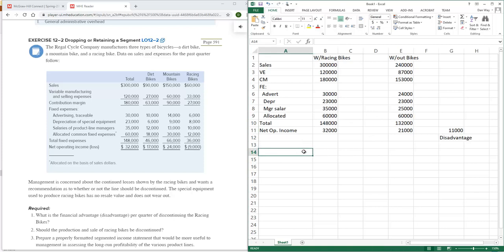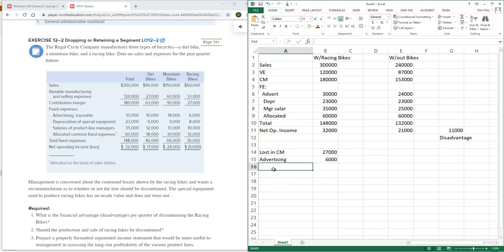So the second way we could do that is to just think about what changes if we drop the racing bike line rather than doing these big combined scenarios. What we'd be losing in contribution margin if we get rid of the racing bikes is that $27,000 in contribution margin that the racing bikes generate. What we'd be potentially saving, though, is the advertising expense that we would not be incurring of $6,000.